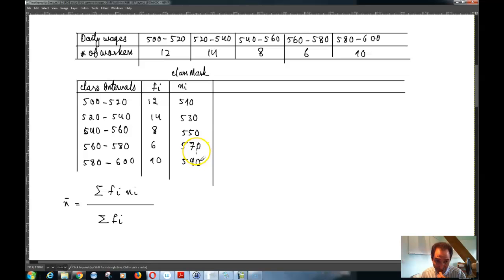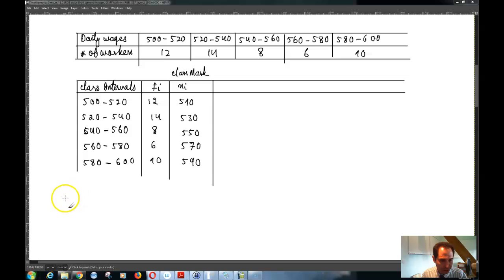Now, if I want to calculate x of i times f of i, the problem is that I have to multiply 12 times 510, which is above 6,000 or so. So the numbers will get too unwieldy, too large, right? So I need to go with, not the direct method, but the assumed mean method.